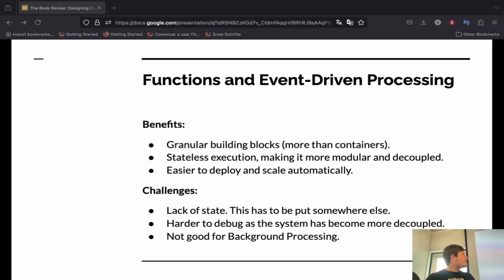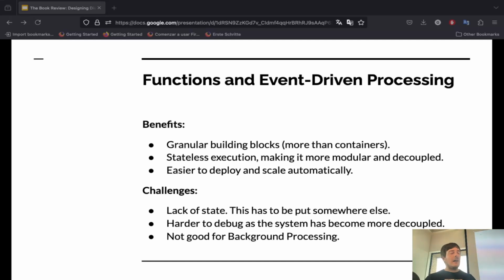Then some challenges. Even if we have stateless execution, the lack of state of a function is a problem, right? Usually, whenever we think about a service, we think that there is some state involved in that service, and we can act on the accumulated state so far. Well, we cannot do that with functions. So depending on what we need to do, maybe we can consider it.